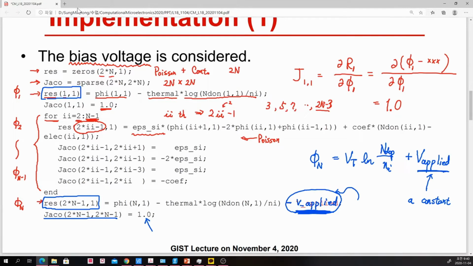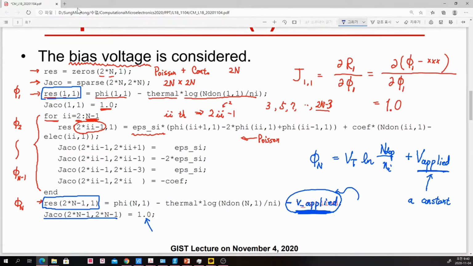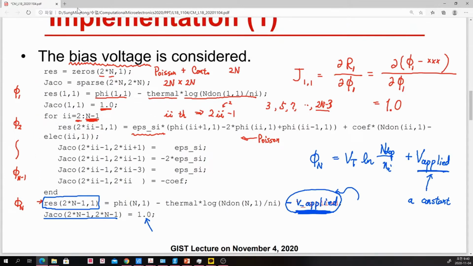In this slide, we are just having a look at the implementation of the Poisson equation compared with the previous one, which is given in black. The only difference is this red colored one, which takes into account the applied voltage to the right contact.